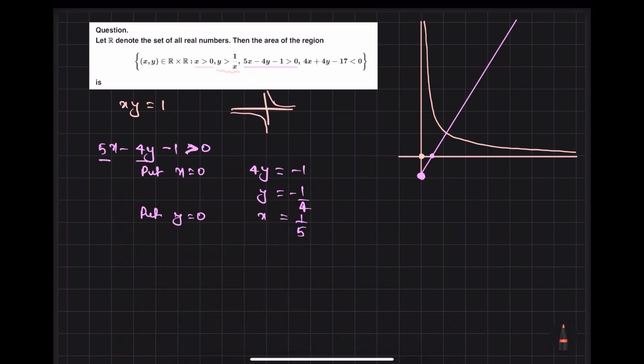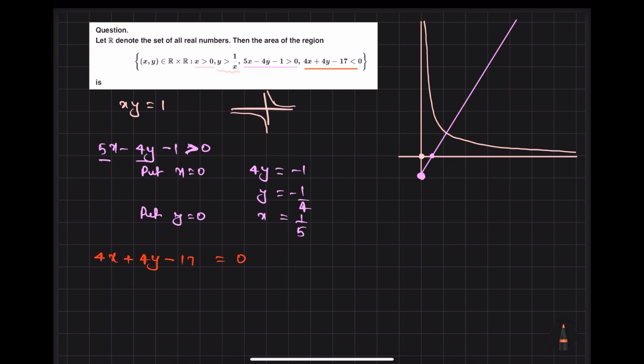Now focus on the third graph. The third graph is 4x plus 4y minus 17 equals 0. We will first hold equality to draw the line and then inequality to find out the region. We are interested in finding only x. So let's try to draw the diagram. Suppose y is 0.